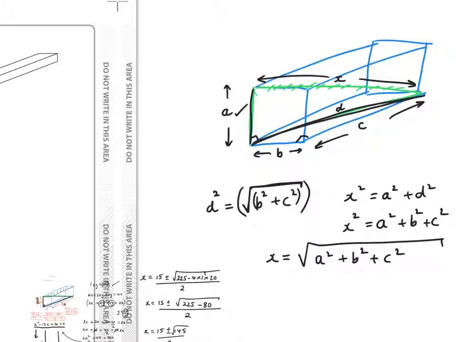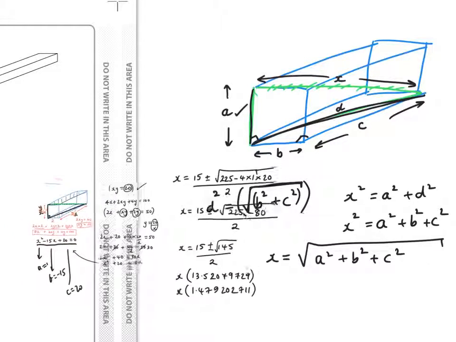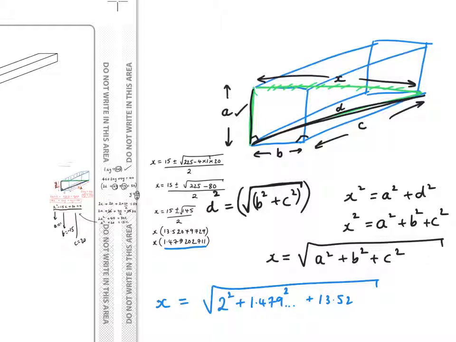So now we're ready. We can just put the numbers into our calculator and go from there. So I think we've got all the numbers we need. Don't forget we were given one of the lengths of the cuboid, weren't we? So our missing length, our diagonal, should be 2 squared plus, let's do this one first, 1.479, I'll do dot dot dot because I haven't got room to do all of it, squared plus 13.520 dot dot dot, and all of that squared.